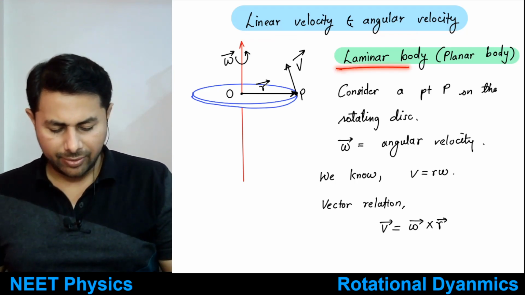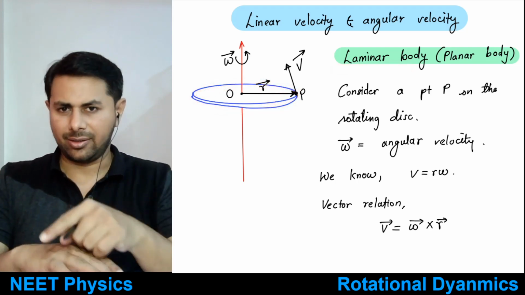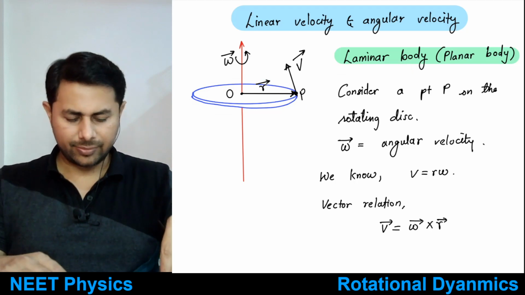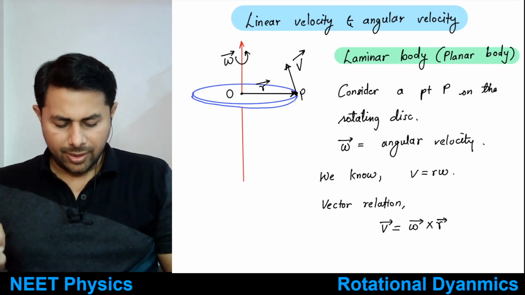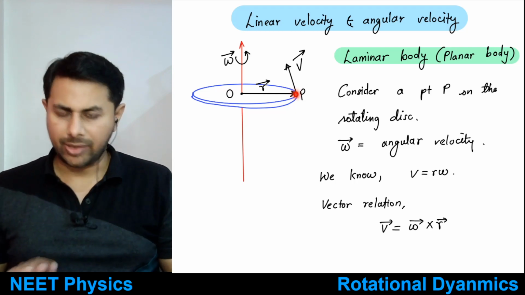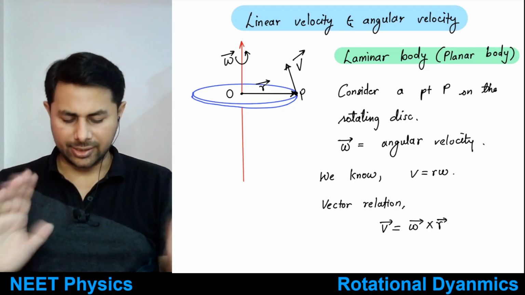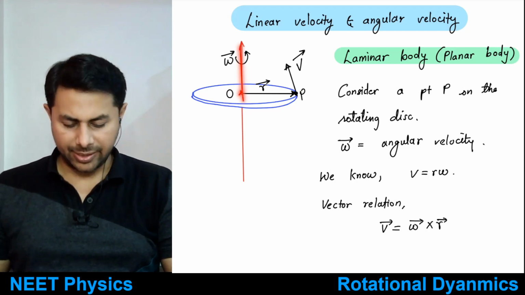Now suppose we have a laminar body. A laminar body means a body which can lie in a plane, so thickness doesn't matter. Suppose this is point P of this body and the body is rotating like this about an axis passing through its center.